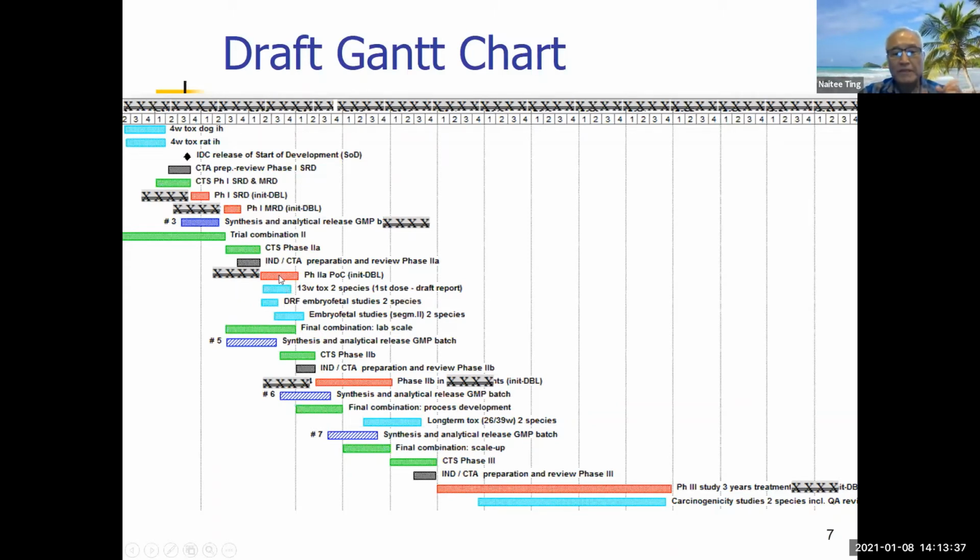And then you get into phase 2. The typical phase 2 study, the first phase 2, is what we call POC, proof of concept. And then the next phase 2 would be dose ranging. If these are all successful, you get into phase 3.